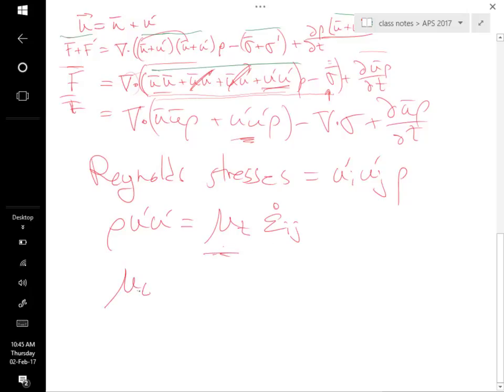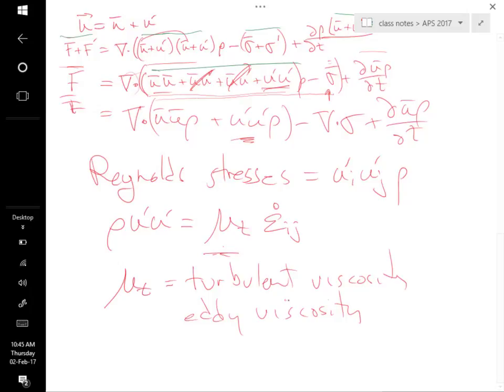So this is the turbulent viscosity, or eddy viscosity. And so it behaves like viscosity. I mean, it kind of makes sense. Real viscosity handles the energy dissipation at the molecular level. Eddy viscosity handles the energy dissipation from these eddies, from these circulating packets of water.